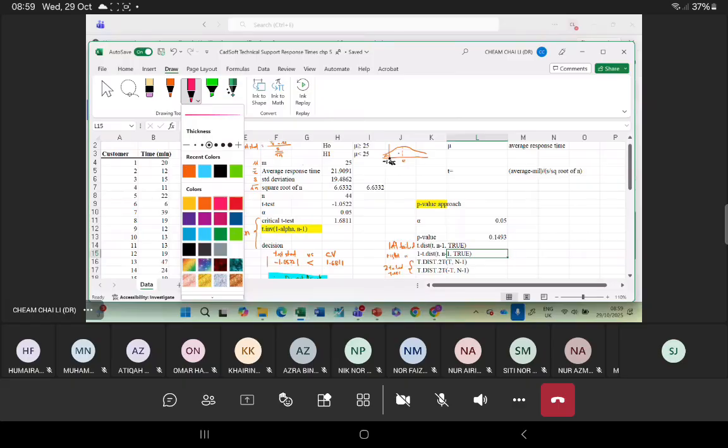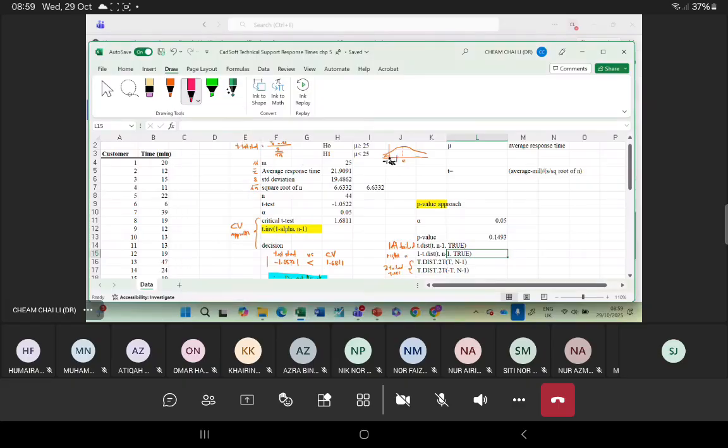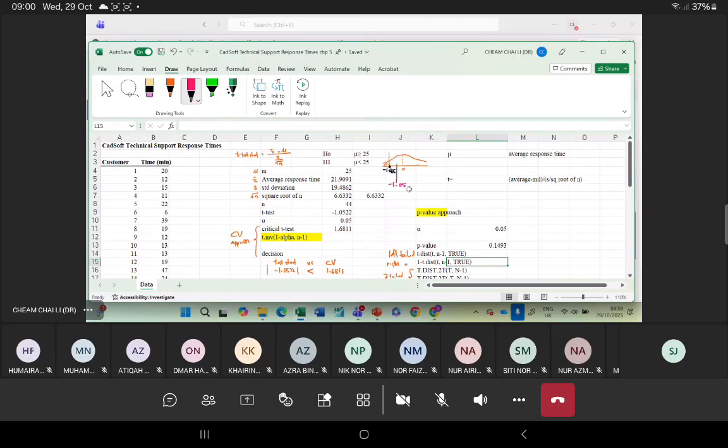So 0 kan dekat sini, negative 1.05 somewhere dekat sini, right? So this is negative 1.05. So your test statistic falls in non-rejection region. So excuse me, dia masuk dekat non-rejection region.